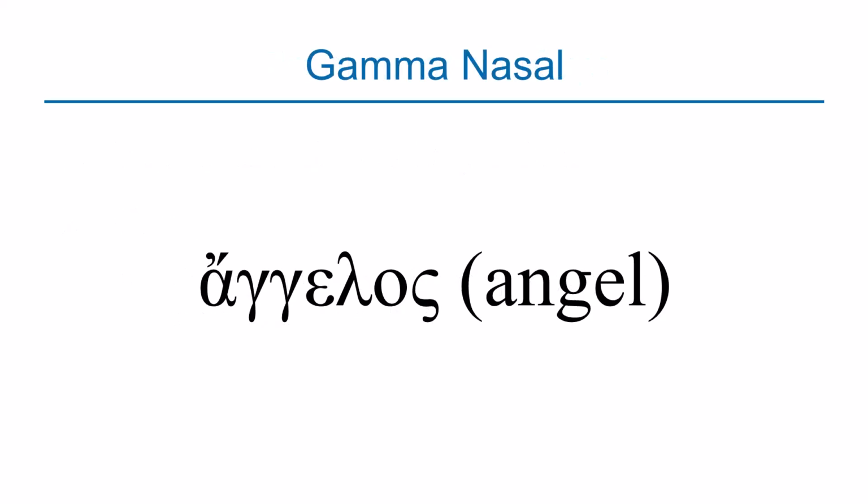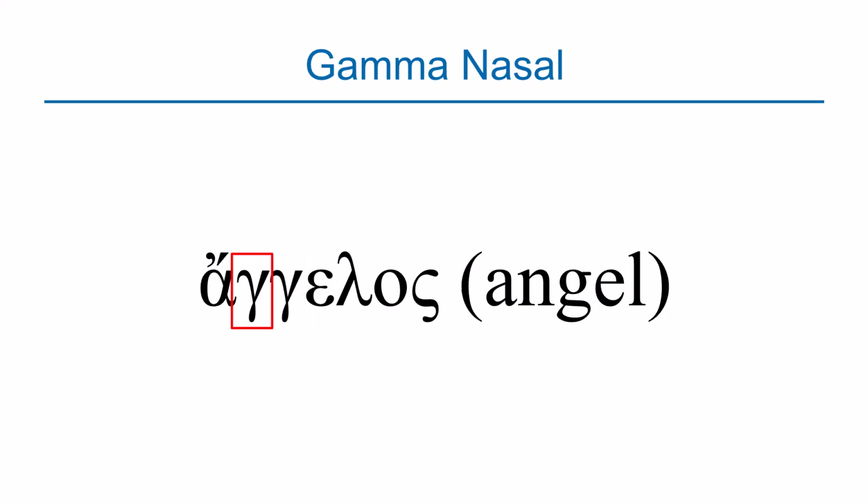For example, you have the word angelos. Angelos means angel. Now, the pronunciation should have been agelos, because these are two gammas next to each other there. Instead of pronouncing it as agelos, the pronunciation becomes angelos.